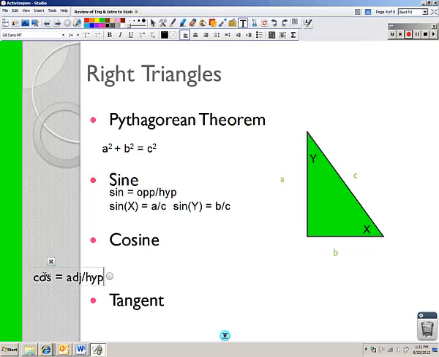So the cosine of x for this triangle here would be the adjacent b divided by c. And the cosine of y, the angle y, would be a divided by c.